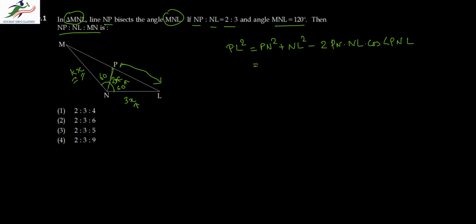So PN is given as 2x, so PN square is 4x square plus NL is 3x, so 9x square minus 2 into 2x into 3x into cos of angle PNL, which is 60, so that is half. So we get 13x square minus 6x square, which is 7x square. So PL is equal to root 7 x.